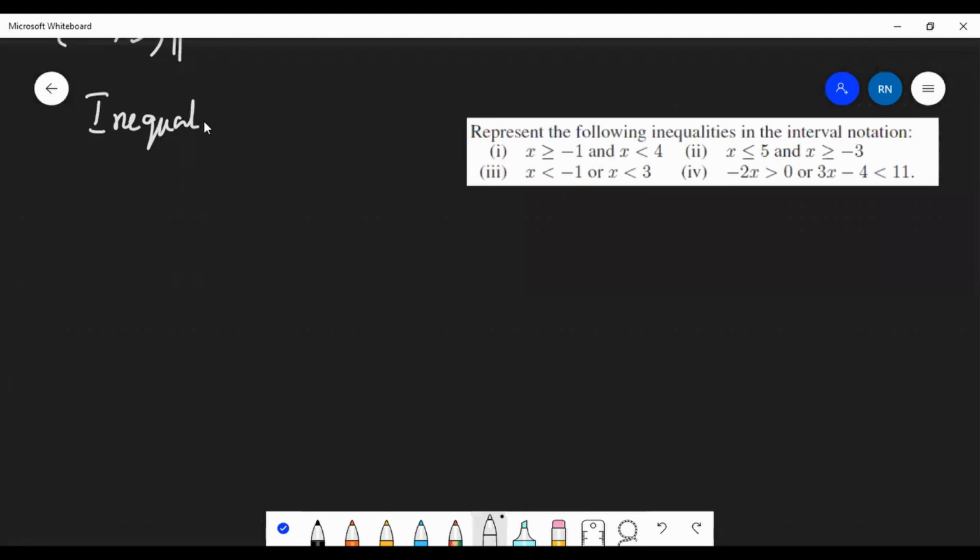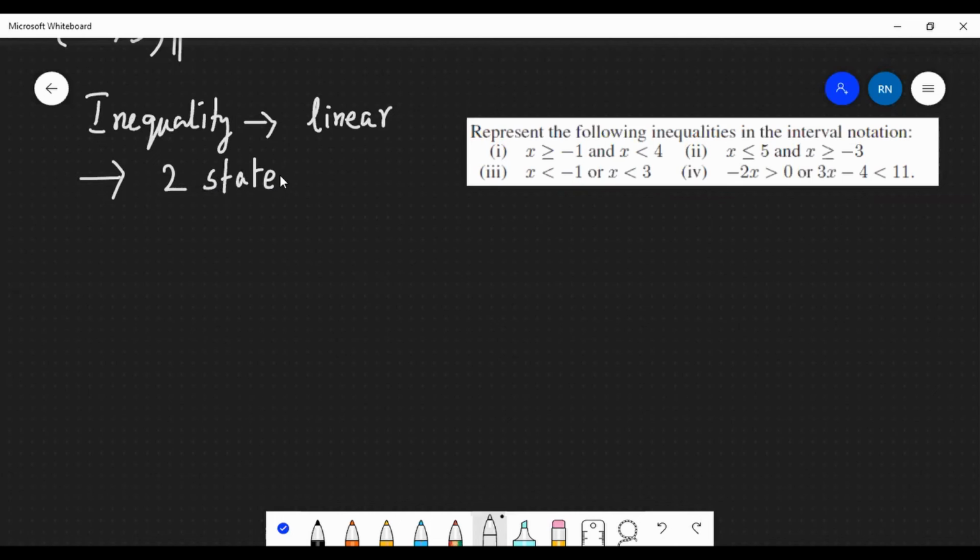What kind of inequality? We are now confined to solving linear inequalities involving two statements, not one statement.